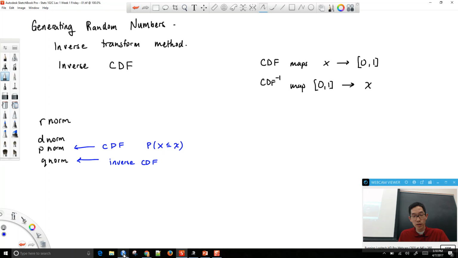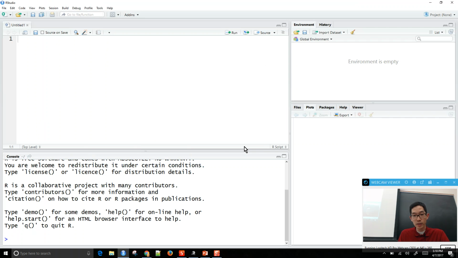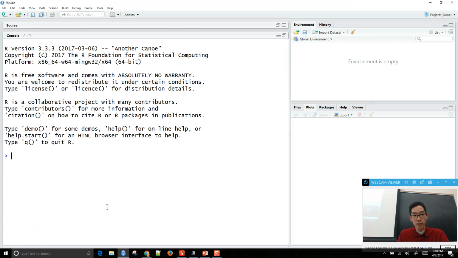So if I go to R, what's Pnorm of 0? 0.5. And then Qnorm of 0.5 gives me back 0, right? So these are inverses of each other.